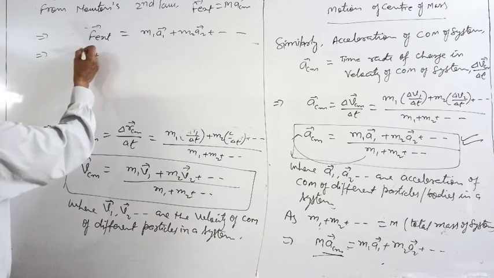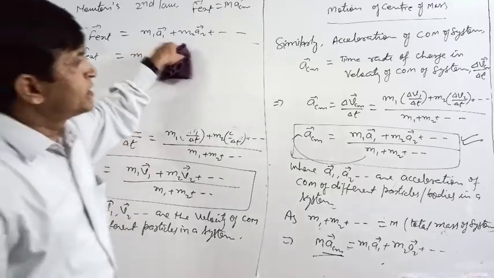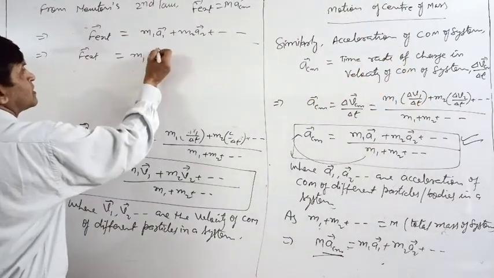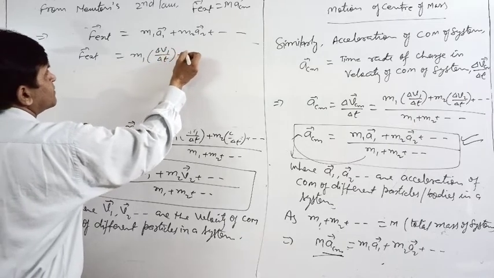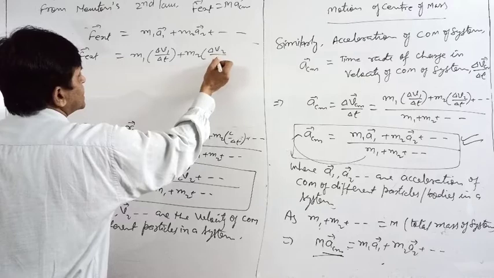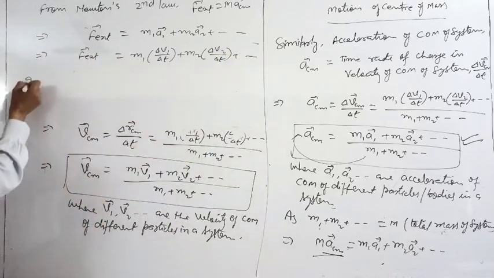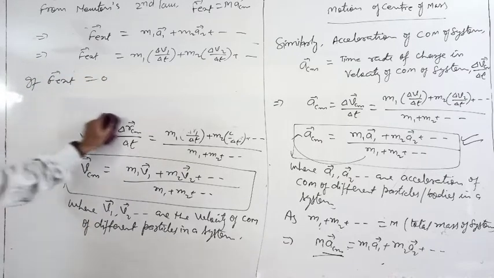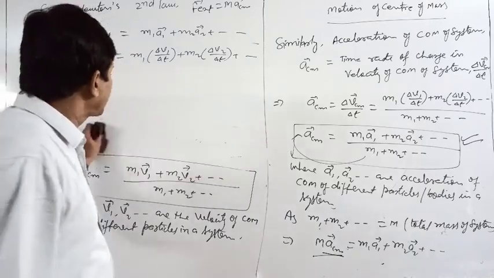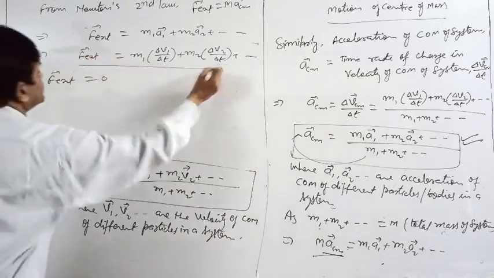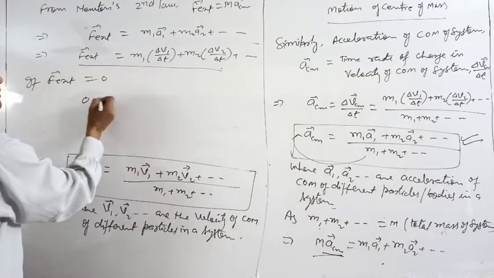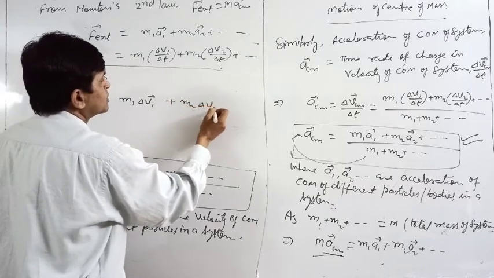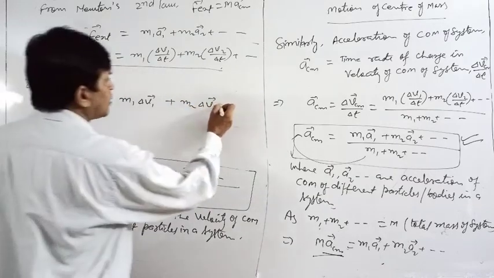Further I can write F external as m1 delta V1 by delta T plus m2 delta V2 by delta T. Now if F external equal to 0, then what will you get? m1 delta V1 plus m2 delta V2 and so on.